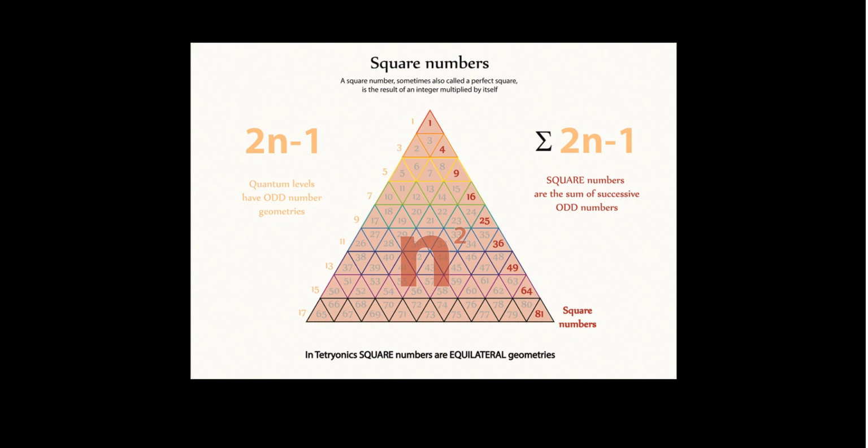Because remember, odd numbers represent a plus or a minus charge. 1 is an odd number, 3 is an odd number. So trapezoidal shapes, all odd numbers, all quantum levels, and specific numbers go together.